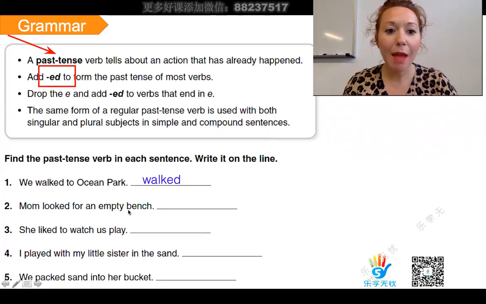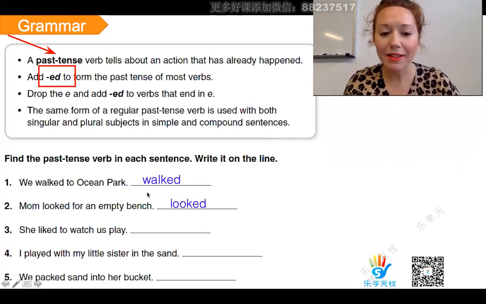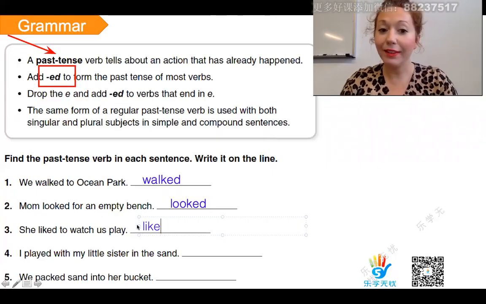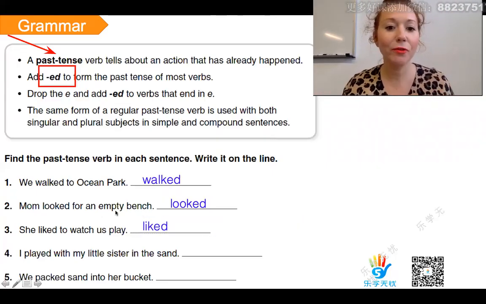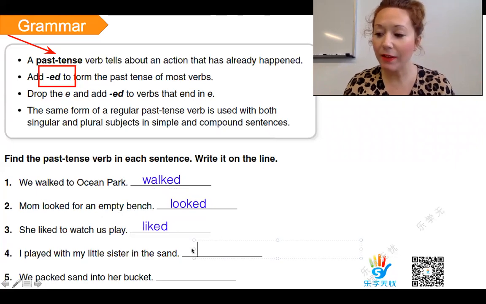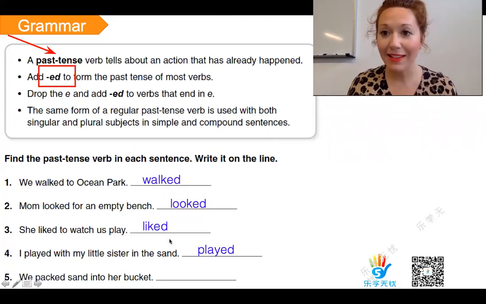Mom looked for an empty bench. Looked is our past tense verb. She liked to watch us play. Liked is the past tense verb. I played with my little sister in the sand. Played is our past tense verb.